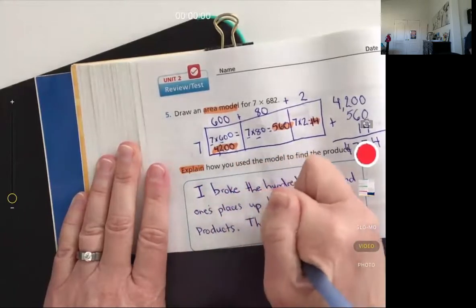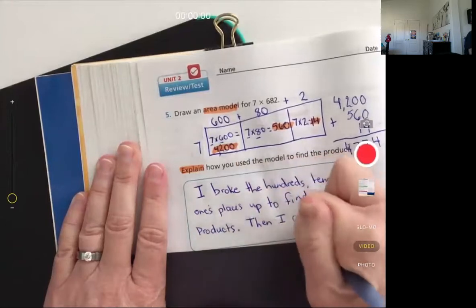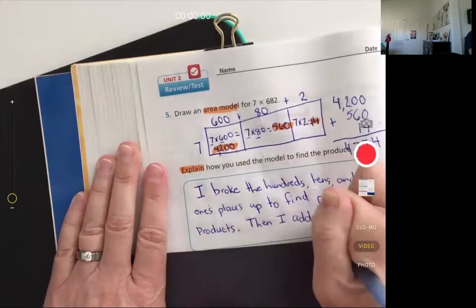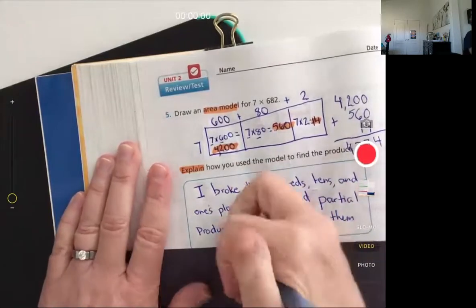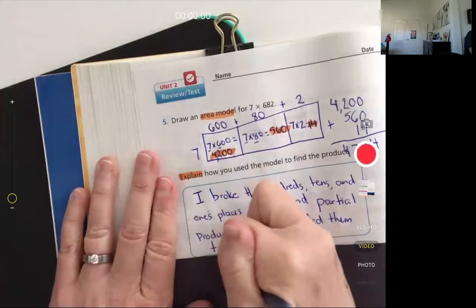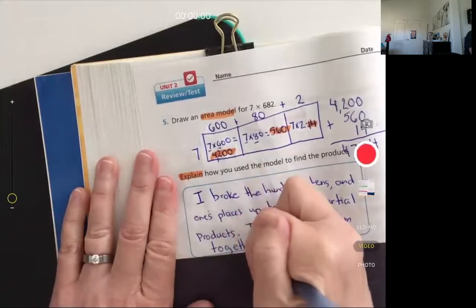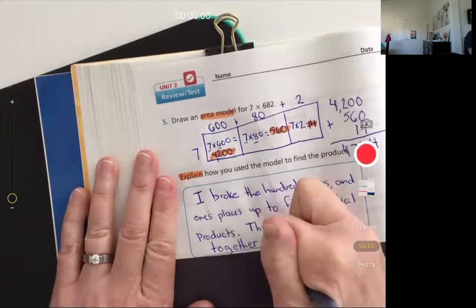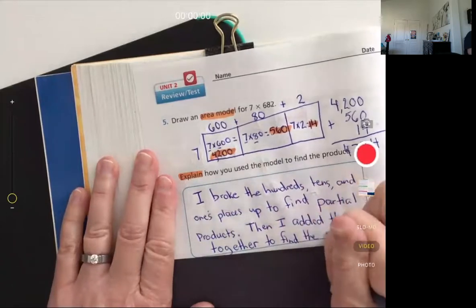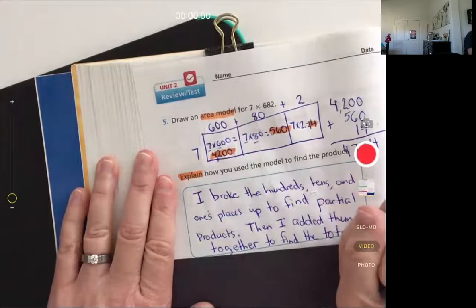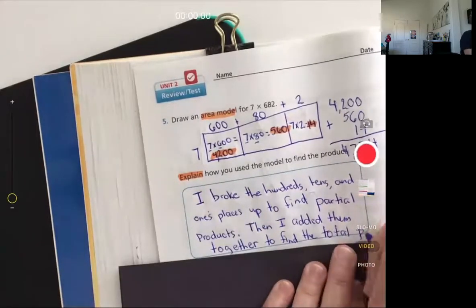Then I added them together to find the total product.